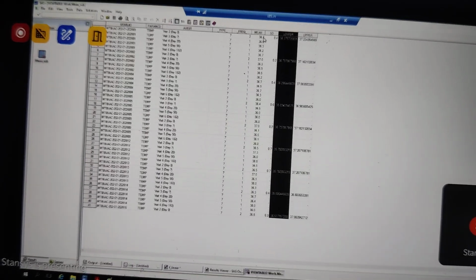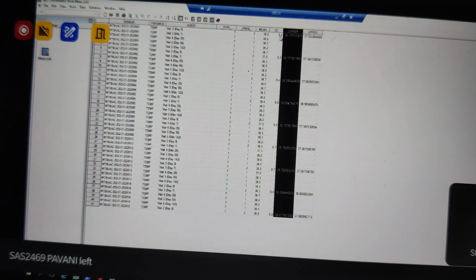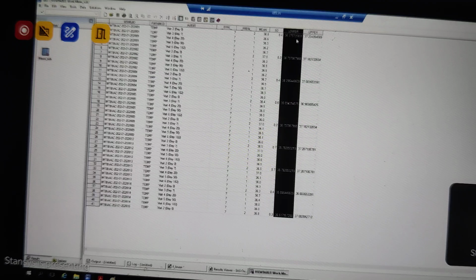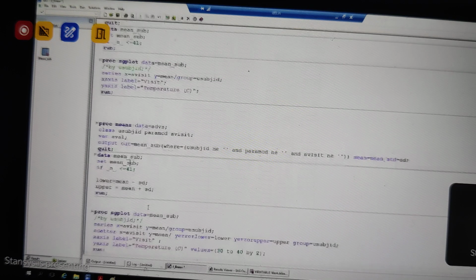8 minus 4 equals 3, right? Not 3. Here it is 3.7, it's rounded off. Here the mean value we don't have the decimal places, but when we take exactly minus 0.4, this is the value. Again, mean plus SD, how much?